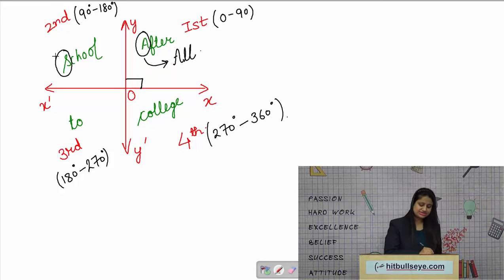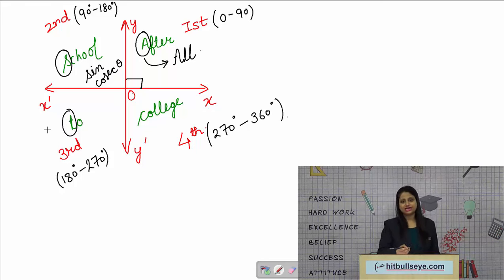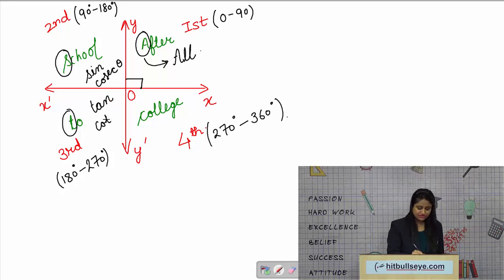School's initial is S. S means sine and its reciprocal, cosecant theta. Then take its initial, that is T. T is tan and its reciprocal, which is cot. And in the fourth quadrant, the initial is C. That's why you can pick cos and secant.